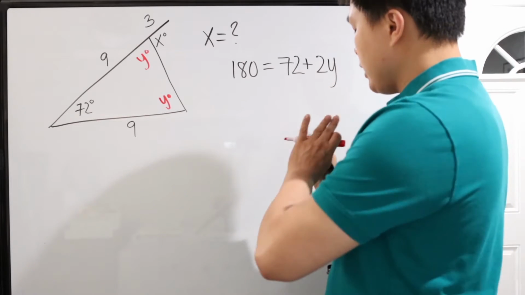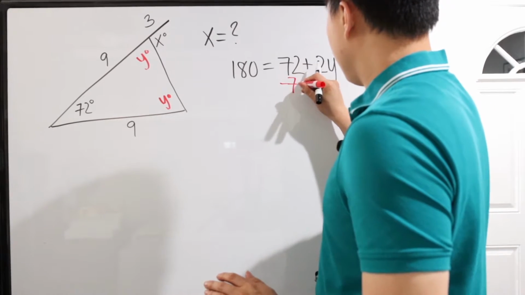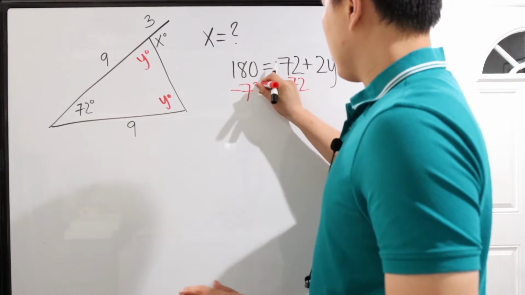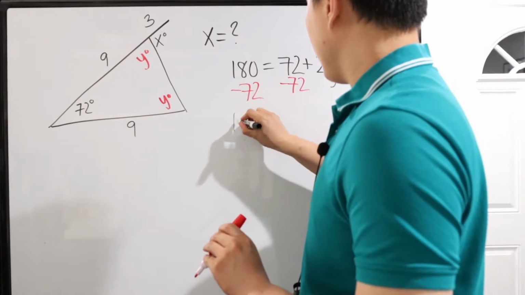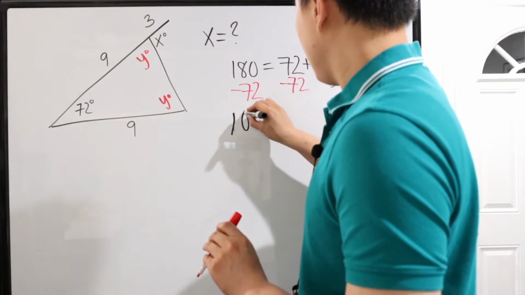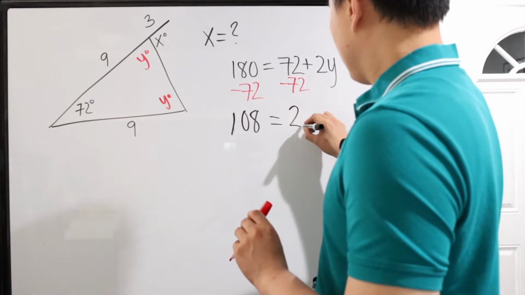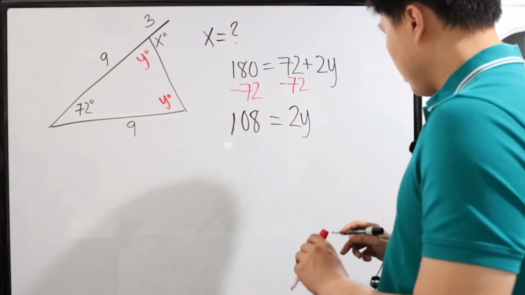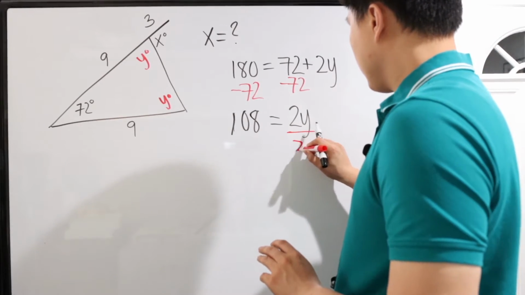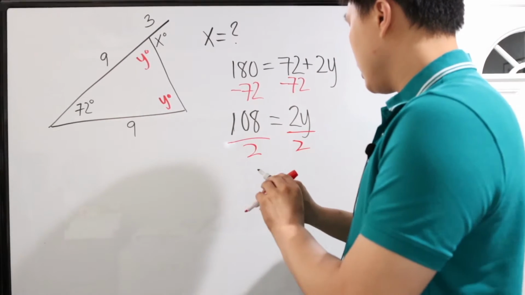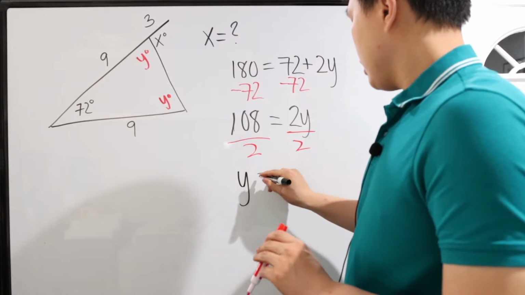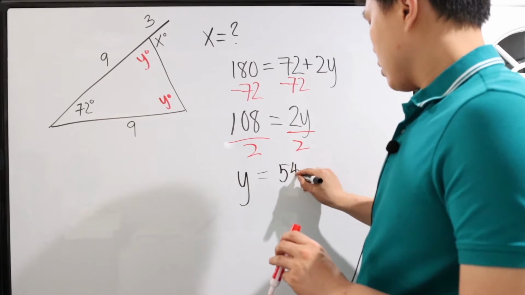If we subtract 72 on both sides, just to get rid of that number first, we have 108 equals 2y. Then we can divide by 2 on both sides. So y equals 54.